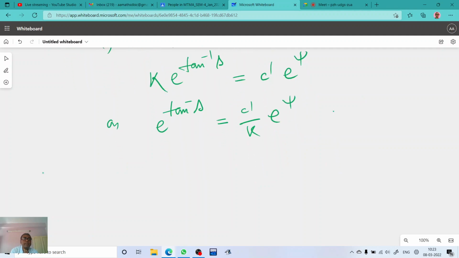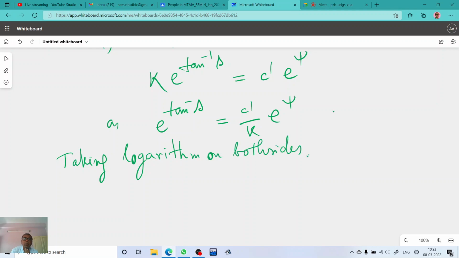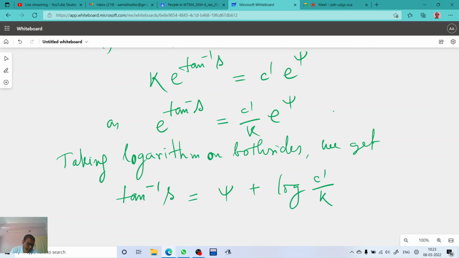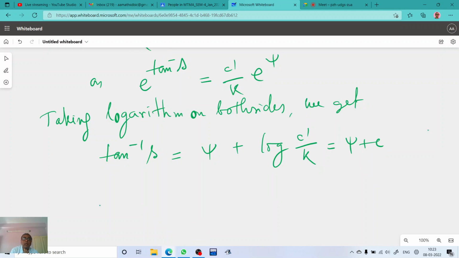Taking logarithm on both sides, we get tan inverse s equals psi plus log c dash by k, which equals psi plus c, where log c dash by k equals c, say.